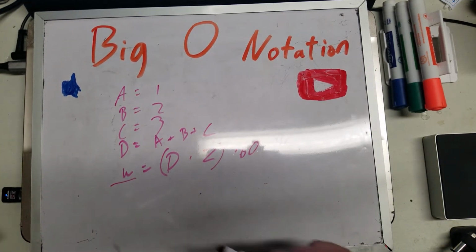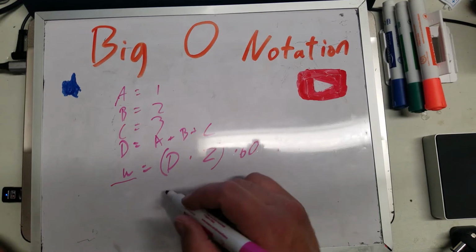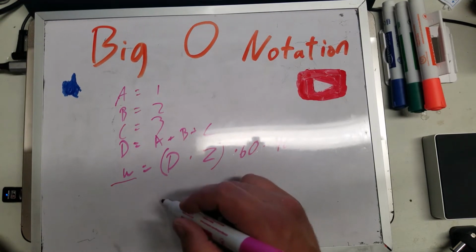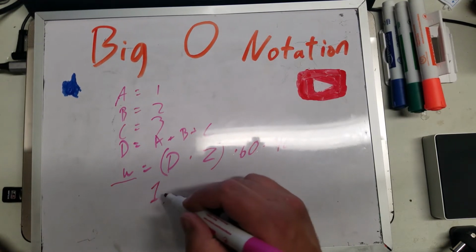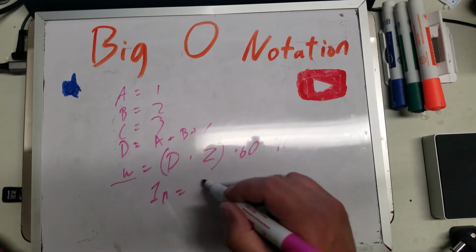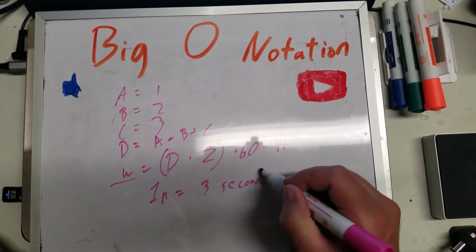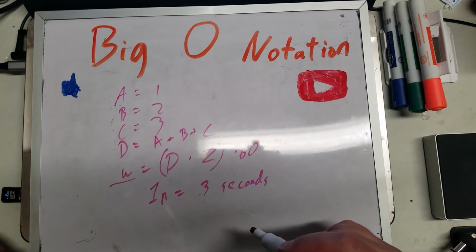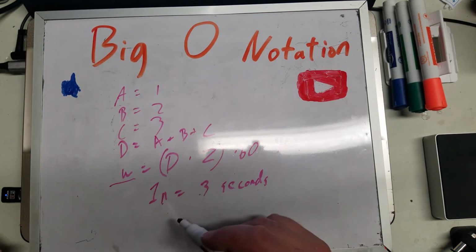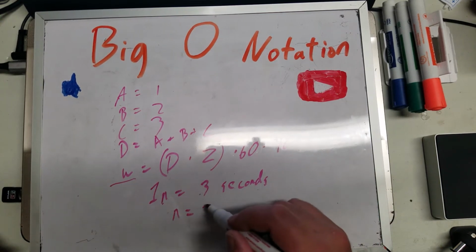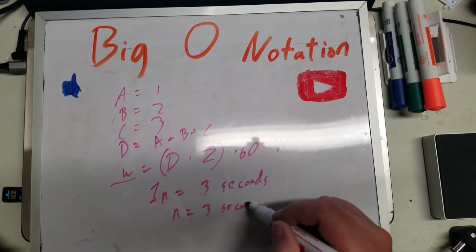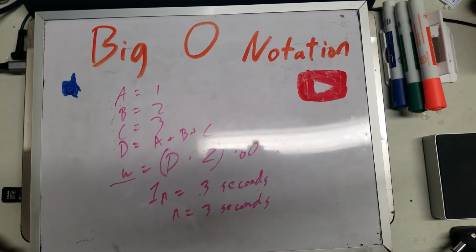It's all kind of a joke, but whatever. And the whole process takes 3 seconds to run, and that's it. N equals 3 seconds.